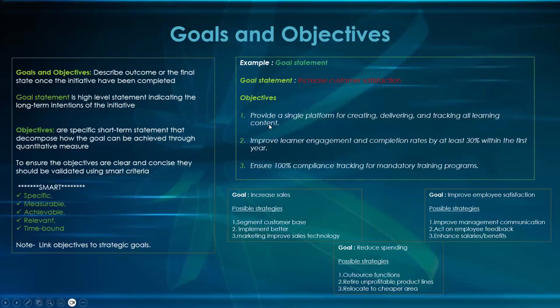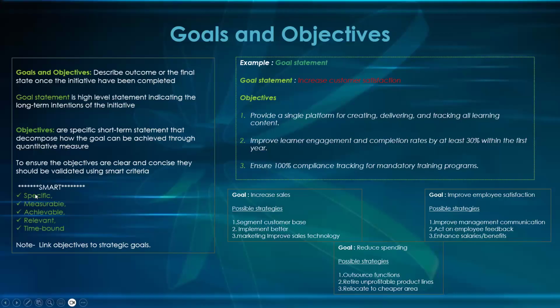For us to increase our customer satisfaction, one of the objectives is to provide a single platform for creating, delivering, and tracking all learning content. So if we look at it, is this simple? To provide a single platform for creating, delivering, and tracking all learning content.